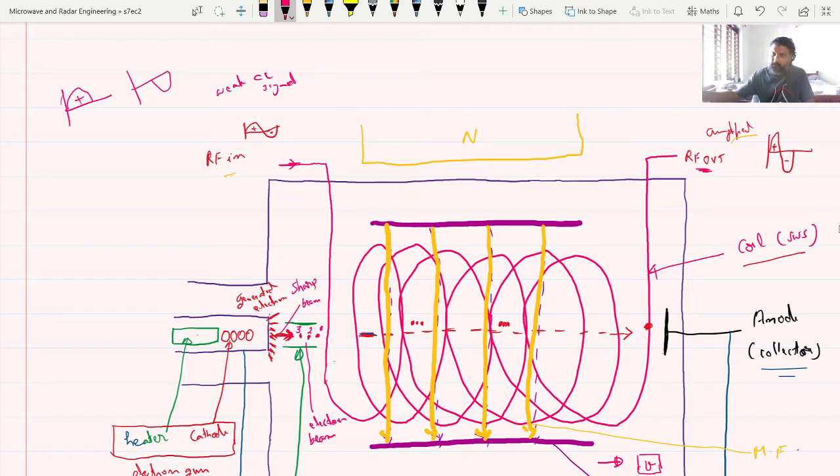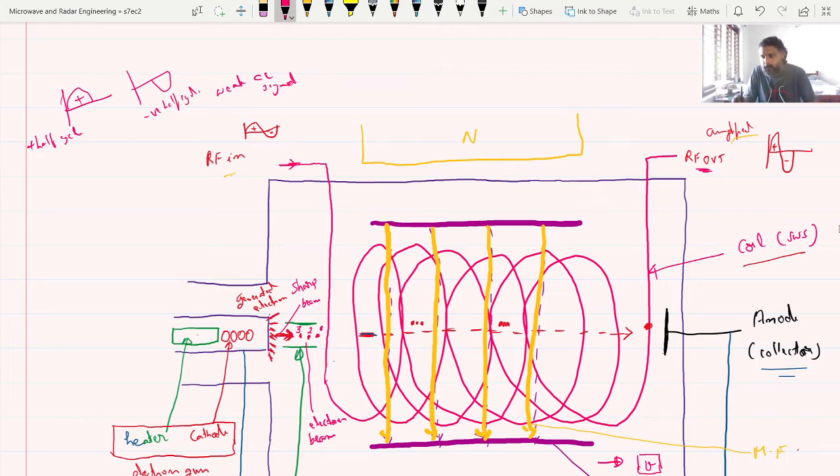So first of all, we are giving a weak AC signal at RF in. As I told you, it has 2 parts: the positive part called the positive half cycle, and the second part called the negative half cycle.